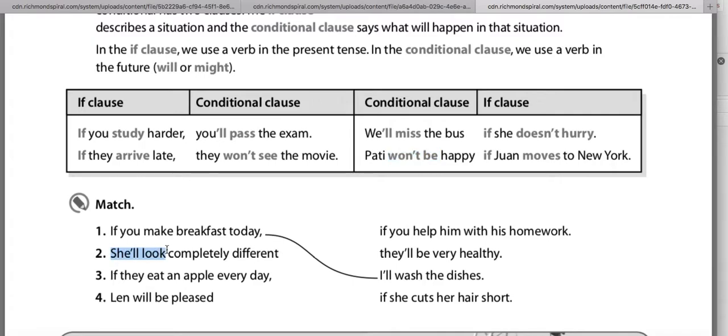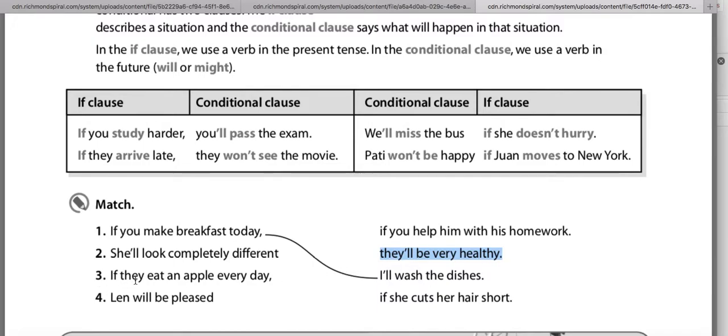We have the number 2. She'll look different. Perfect. Yes, it is. If she cuts her hair short. Yes, perfect. Good. Number 3. If they eat an apple every day, yes, they'll be very healthy. Yeah, perfect. That is the match.